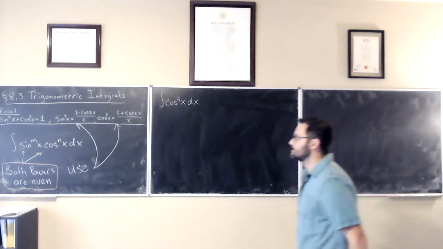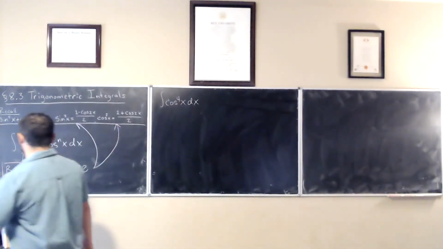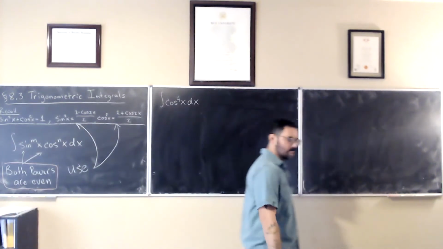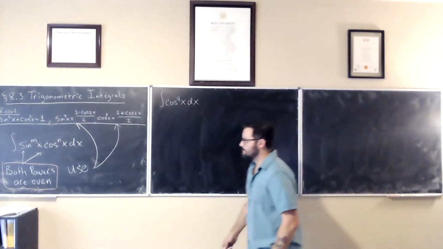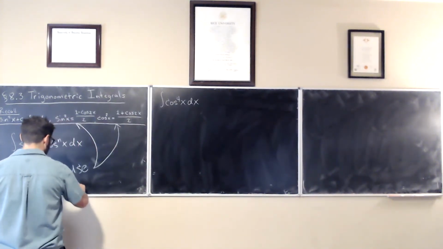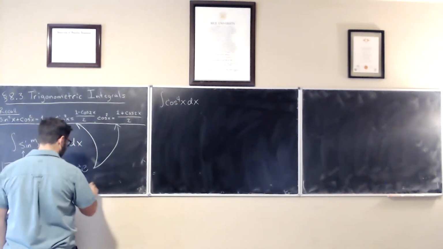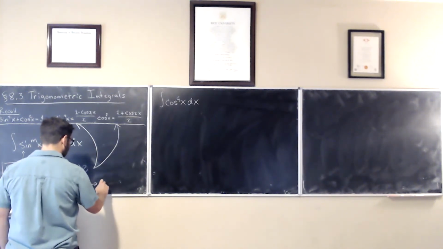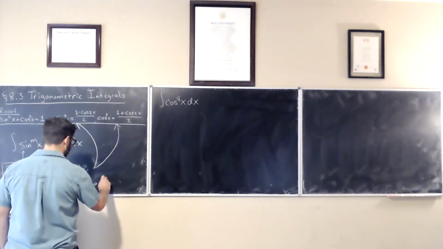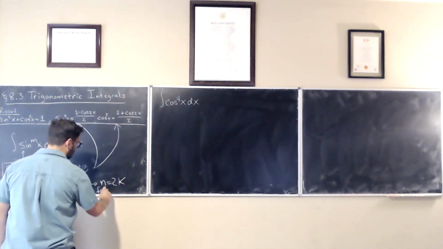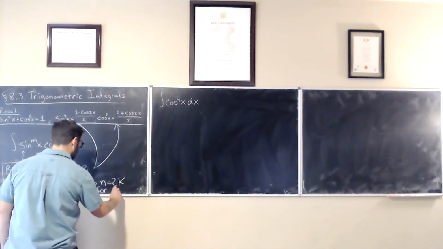Okay, so now let's look at integrals where both powers are even, and so neither power is odd. By the way, the definition of being even is that n would be like 2k for some integer k.